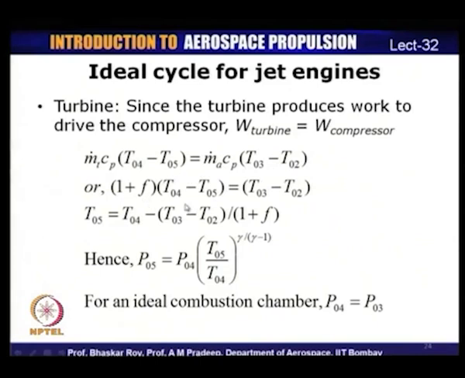This can be simplified, and so we get an expression for T05, which is turbine exit. Turbine inlet temperature is fixed, T04 is always known. So, T05 is T04 minus (T03 minus T02) divided by (1 plus F). Therefore, pressure P05 is P04 into the temperature ratio raised to gamma by (gamma minus 1). In an ideal process, there is no pressure loss in the combustion chamber, so P04 will be equal to P03.